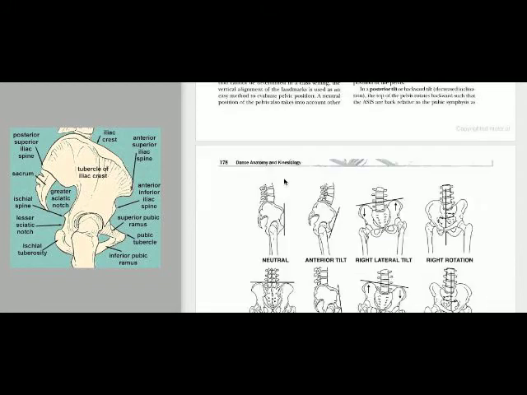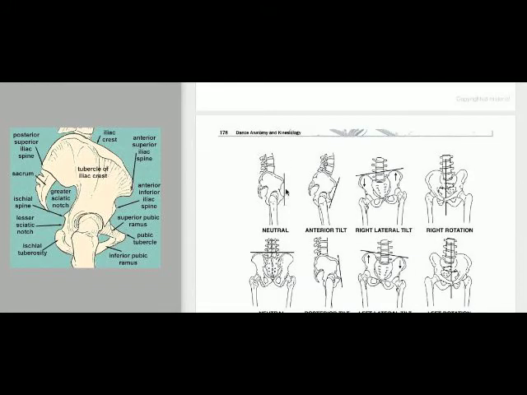So the ASIS, this knobbly bit at the front, is vertically level with this knobbly bit down at the bottom here. So that's the position we're looking for.